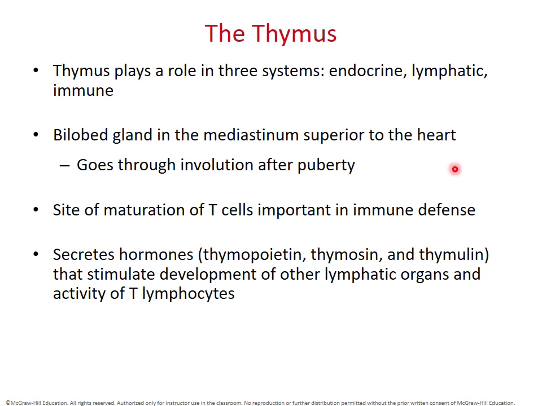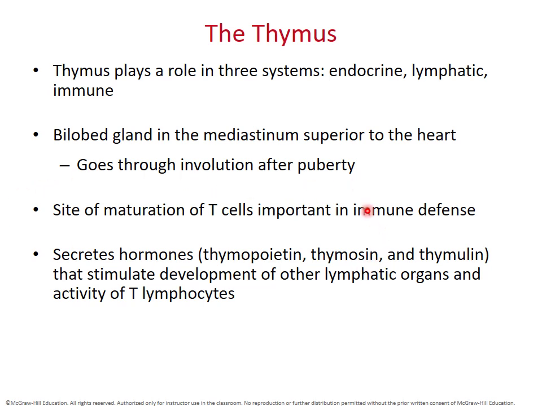Remember, the mediastinum is that area between the lungs, and it sits above the heart, and essentially sits just beneath the sternum. And like the pineal gland, it diminishes in size after puberty, and by the time you become elderly, from what I understand, it really is just a mass of connective tissue by that time.